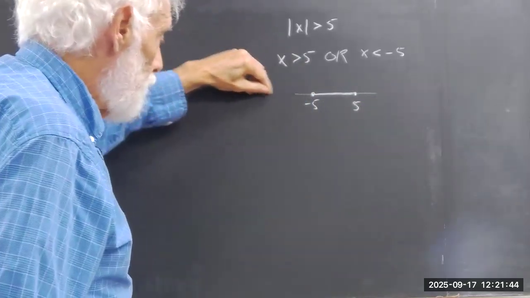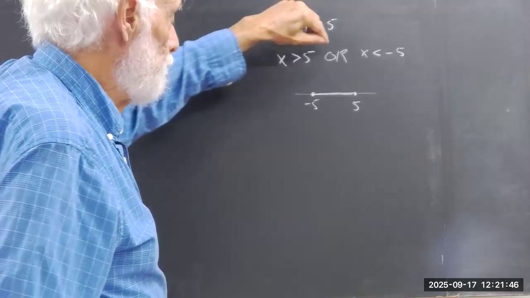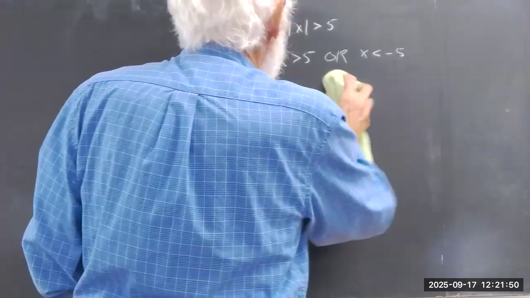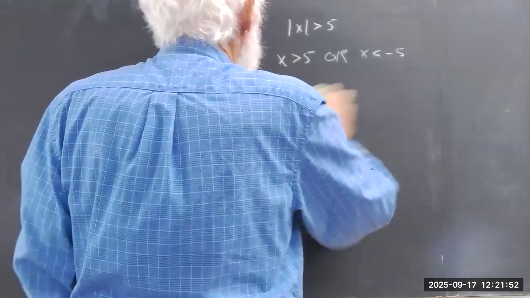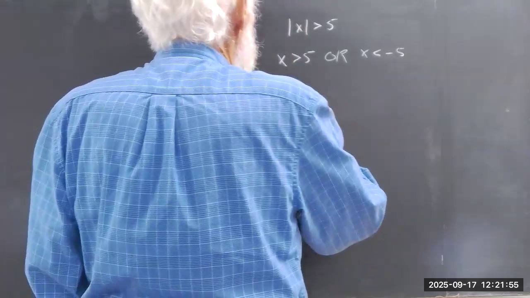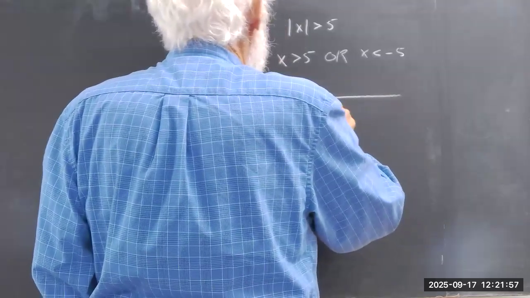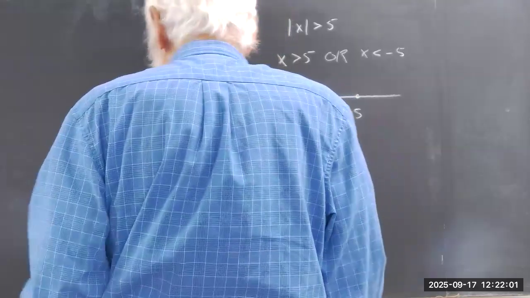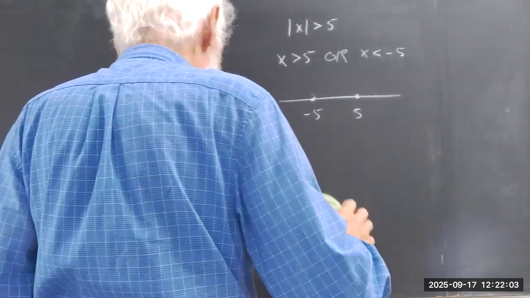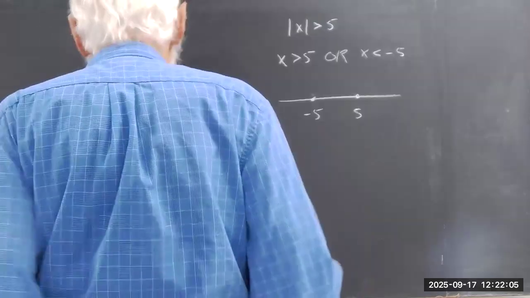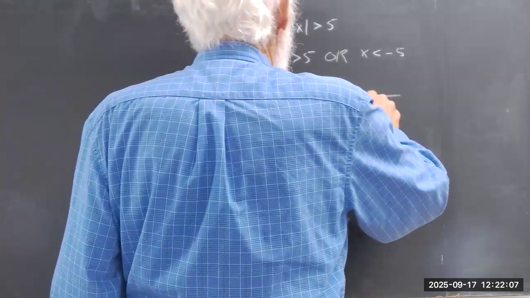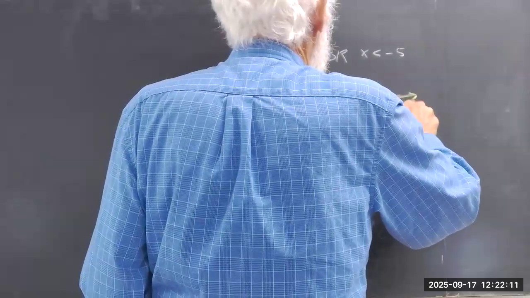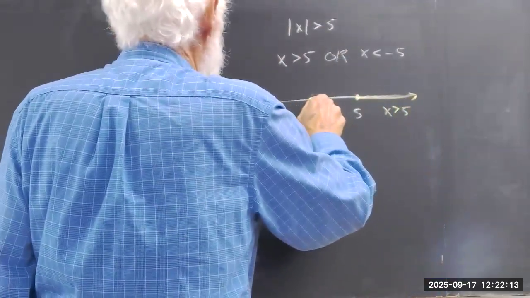Sorry. Here's negative 5. Here's 5. Here's values of x that are greater than 5.